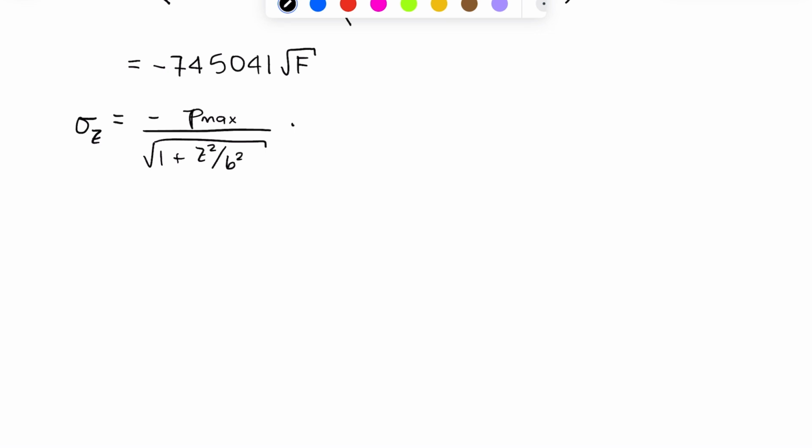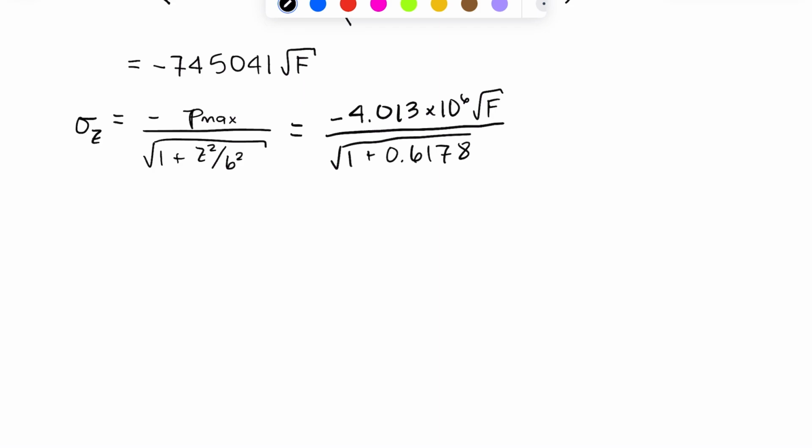Okay, so sigma z equal to negative 4.013 times 10 to the 6 times the square root of F divided by square root of 1 plus 0.6178, which equals negative 3.155 times 10 to the 6 times the square root of F. Okay, so this is all making sense so far.